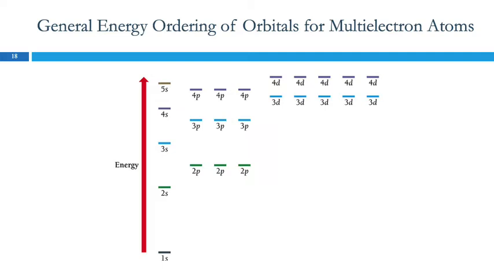Okay, so this is looking at the different orbitals. Here, each orbital is represented by a line. So this is the 1s sublevel. There's one orbital. The 2s sublevel, one orbital. This is higher in energy. The 2p sublevel has 3 orbitals, right?